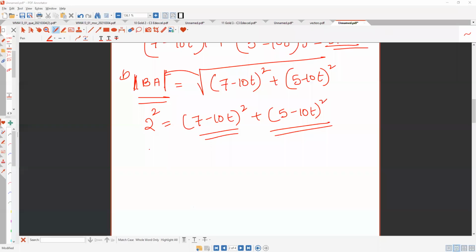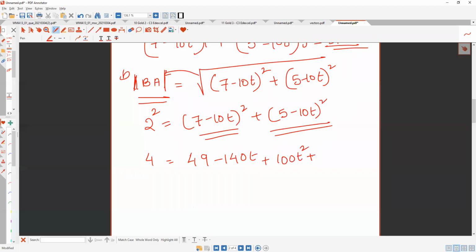Okay, so can I do 2 squared, that is 4? Then if I open this bracket, 49 minus 140t plus 100t square, correct?